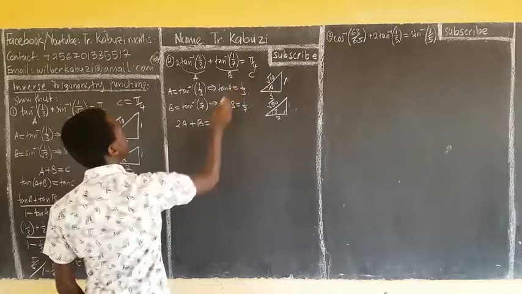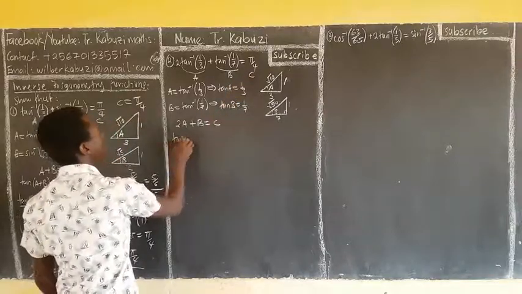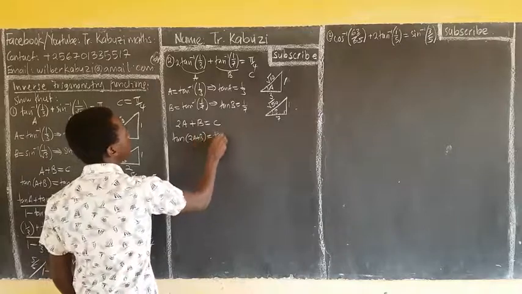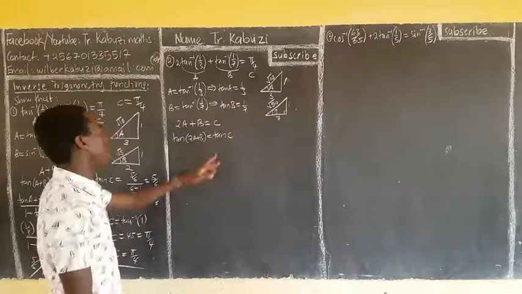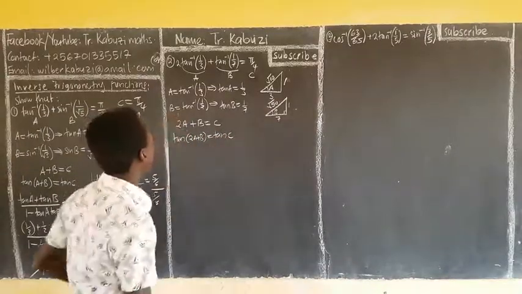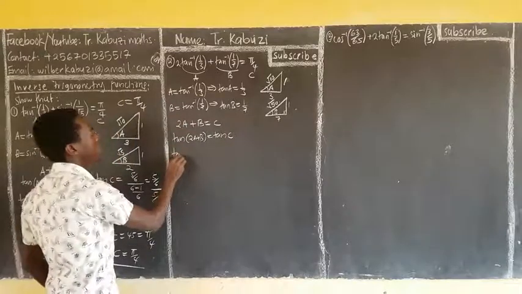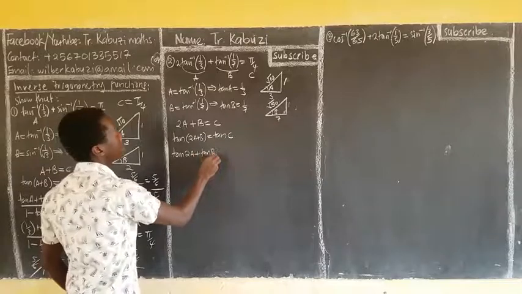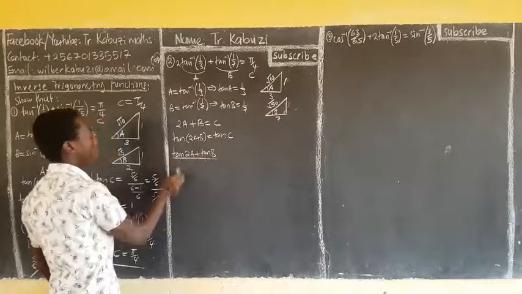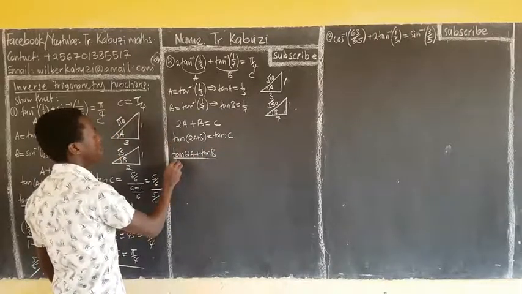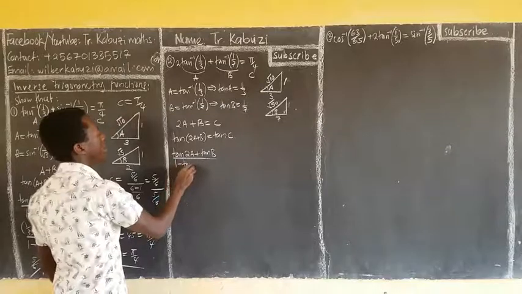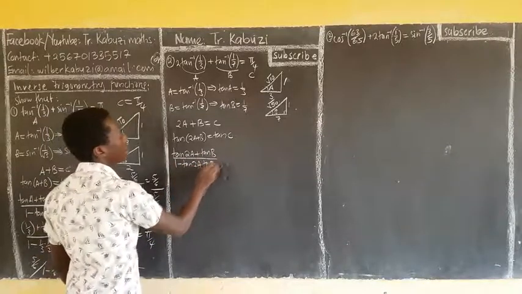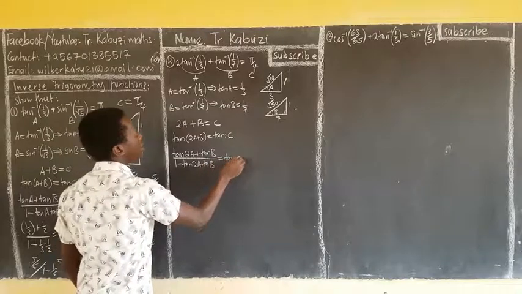We want to see that our tan 2A plus B will be equal to tan C. We want to get C. So now here, we expand this, which will be tan 2A plus tan B over 1 minus tan 2A tan B equal to tan C.